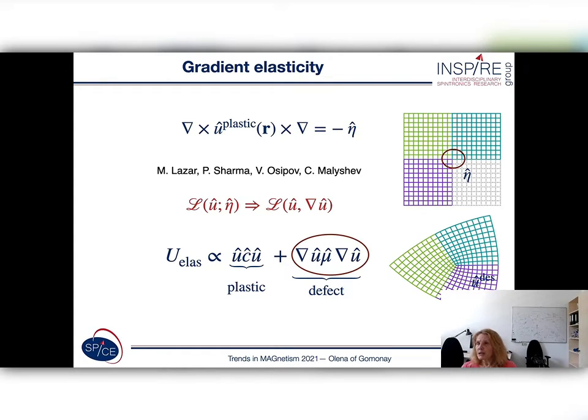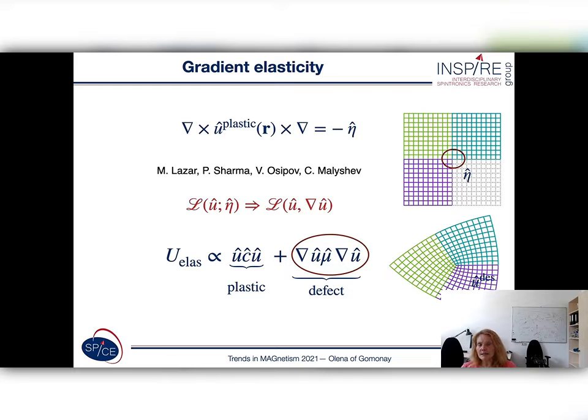Such equations and their solutions are well known, but the main problem of such an approach is that incompatibility in this case should be introduced as something external, based on atomistic calculations of the lattice structures.